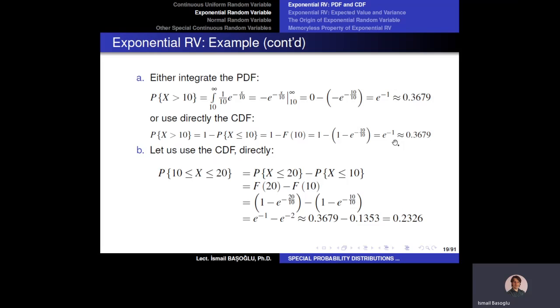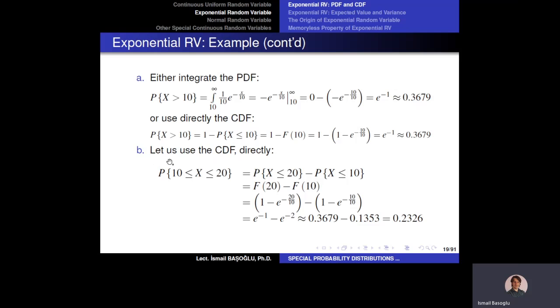So if you know the cumulative distribution function, if it has a closed form formula, it is always best to use that, because when you integrate the PDFs, you can get confused. However, if you are given a closed form for the cumulative distribution function already, such probabilities can easily be computed using the CDF.